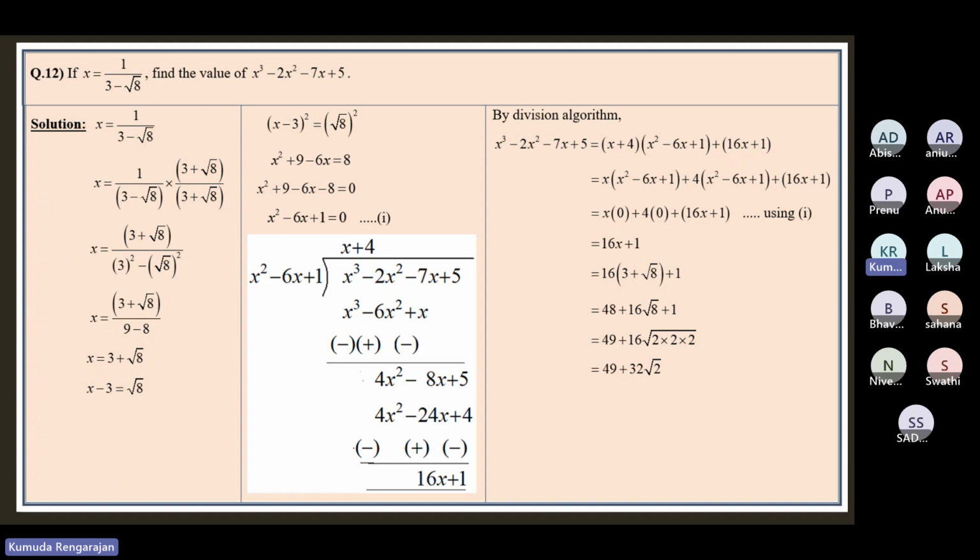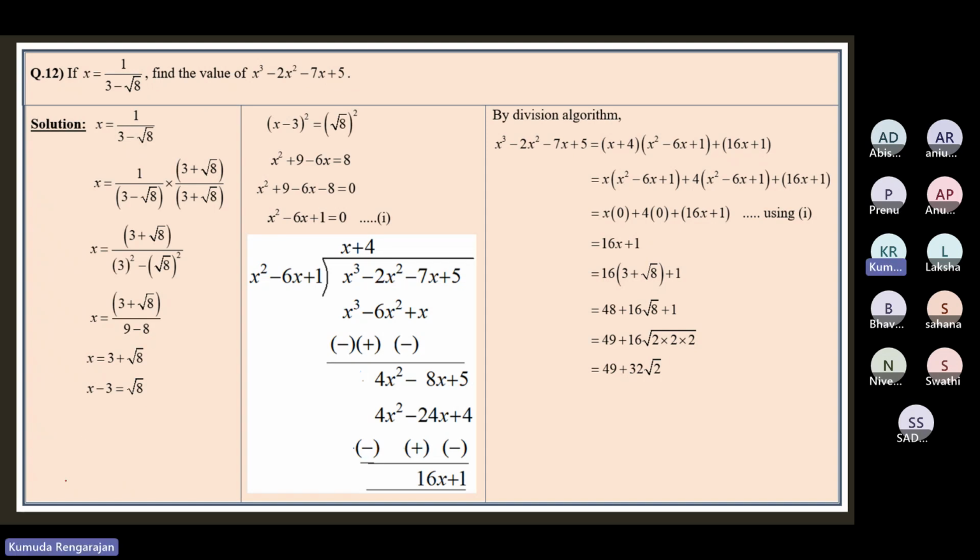Okay, children. So if x is equal to 1 by 3 minus root 8, find the value of x cube minus 2x square minus 7x plus 5. So the value of x is given, and you need to find the value of the expression x cube minus 2x square minus 7x plus 5.